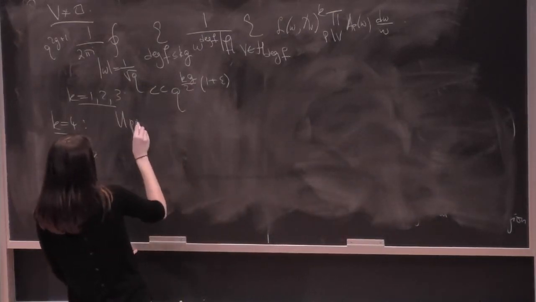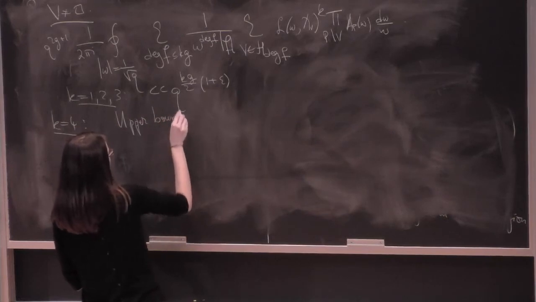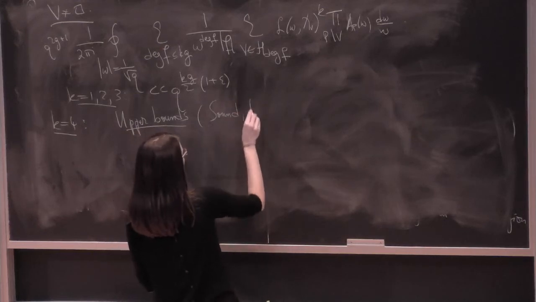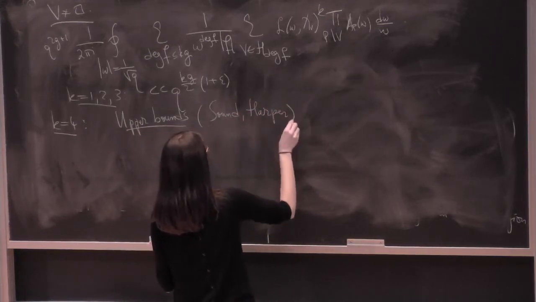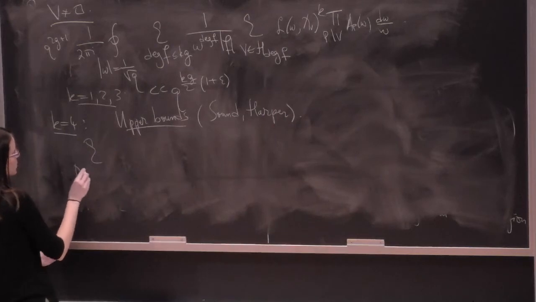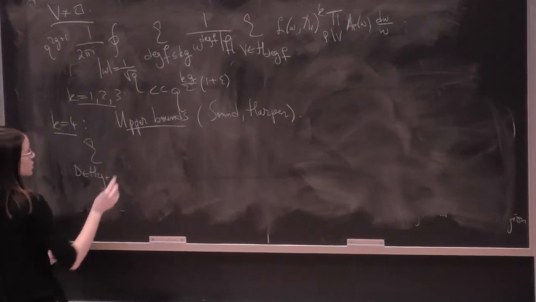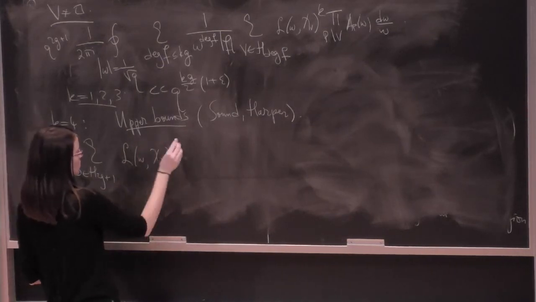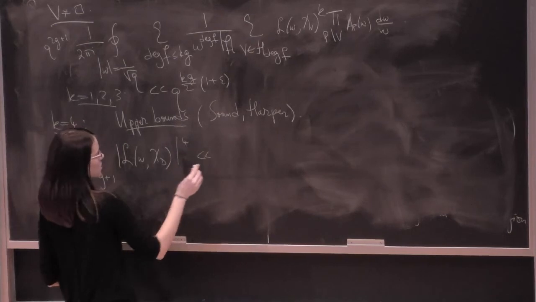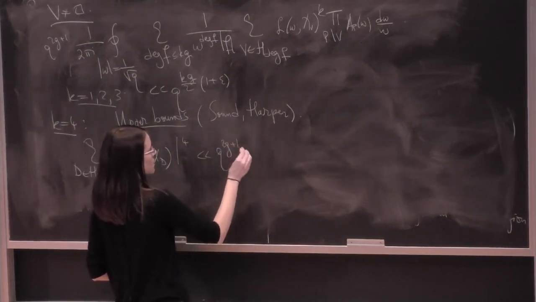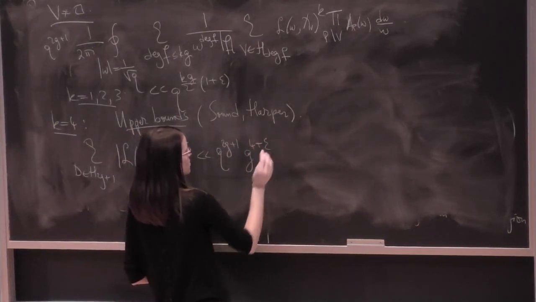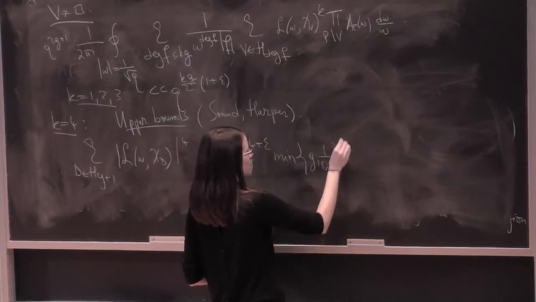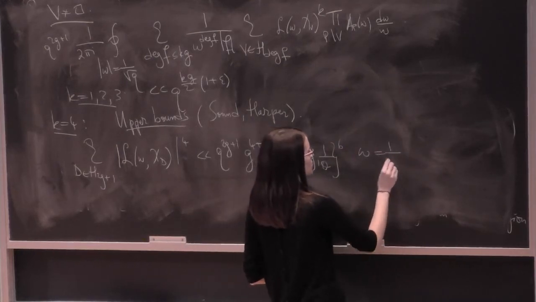And we can prove something of this form, upper bounds. So this goes back to work of Sound and Harper. We can show that the sum over square free d of degree 2g plus 1 of L(w, chi_d) to the fourth is bounded by q to the 2g plus 1 times g to the 4 plus epsilon times the minimum between g and 1 over theta to the 6, where theta is the argument of w.